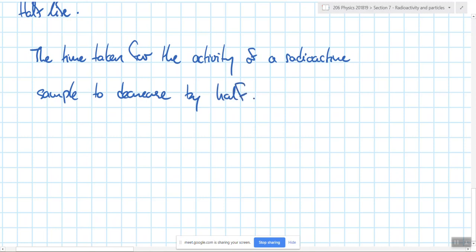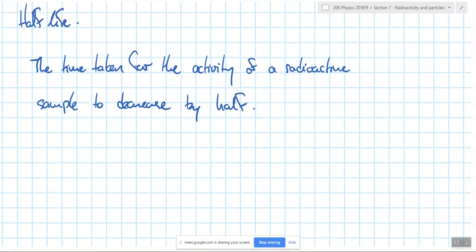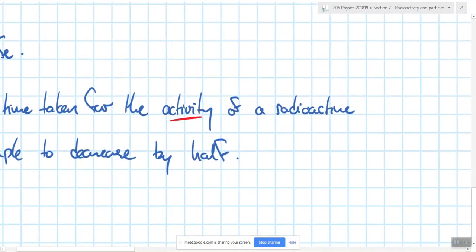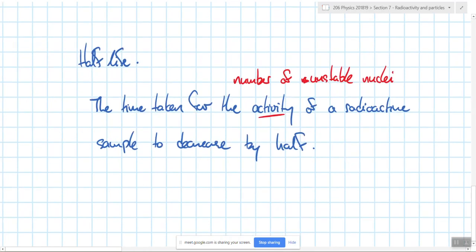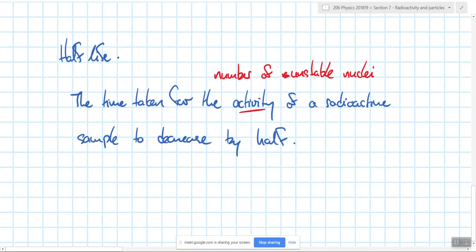And the second slight variation on the definition, instead of activity, we could have number of unstable nuclei. So pretty much the same definition, but you can just talk about either of those two different things.